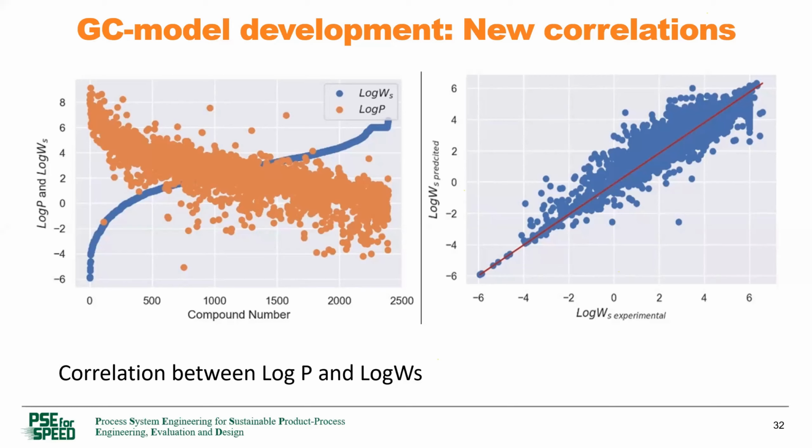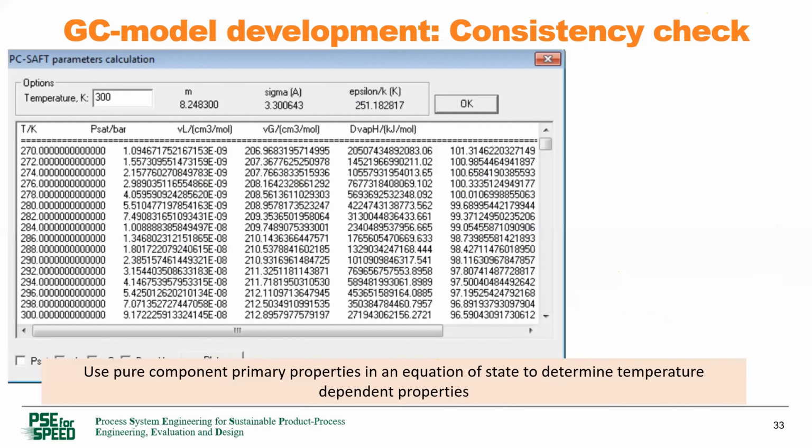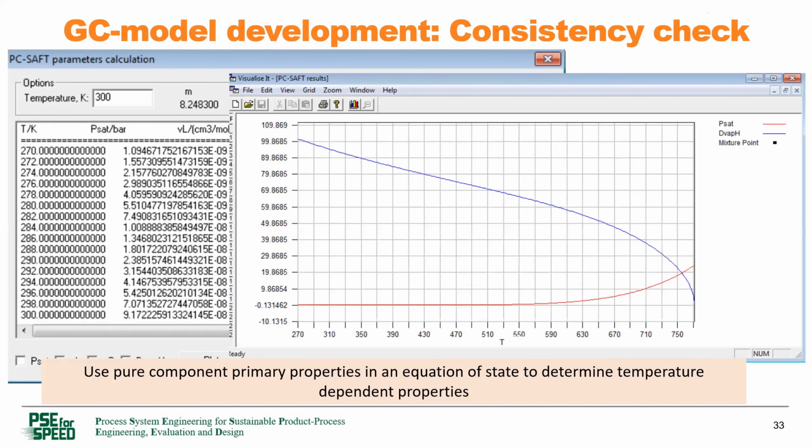And another example that also from a thermodynamic point of view can be checked is, for example, let's look at the curve. The blue curve is the heat of vaporization. The red curve is the vapor pressure. And this is a functional property.